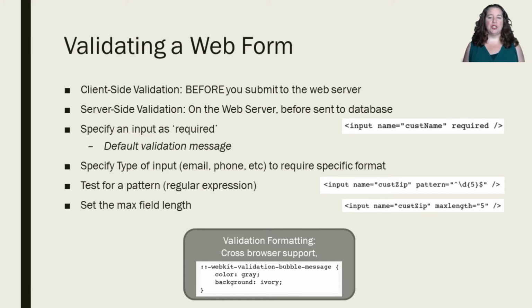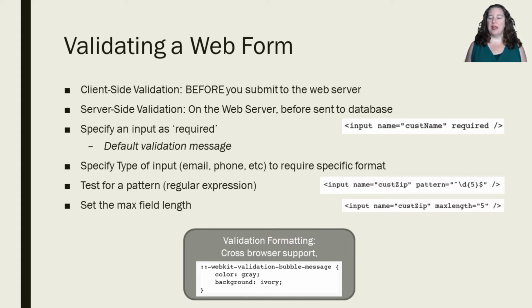Regular expression is explained in a lot of different places, but in this case, it's simply saying for the zip code here, we want digits with 5 characters. So we need at least 5 characters for our digits. You can also say that there's a max length for an item, and that will also help you with validation to make sure that your data comes back like what you expect.